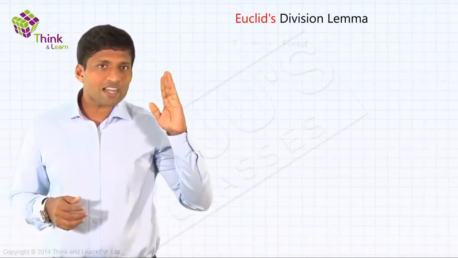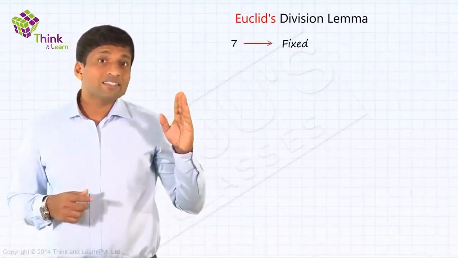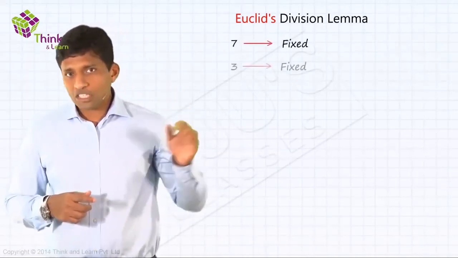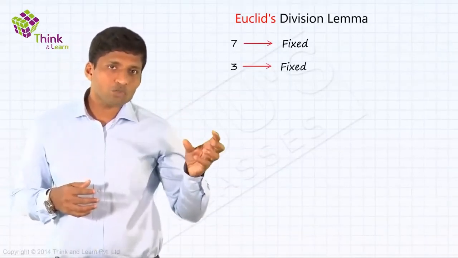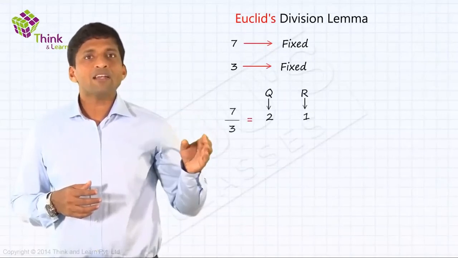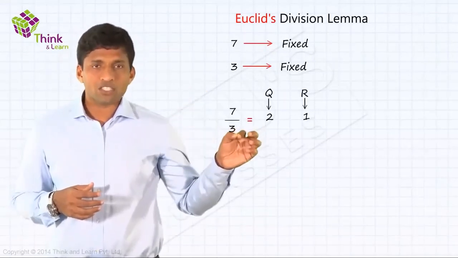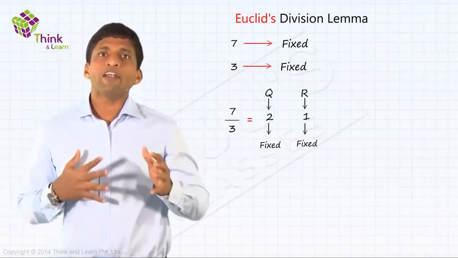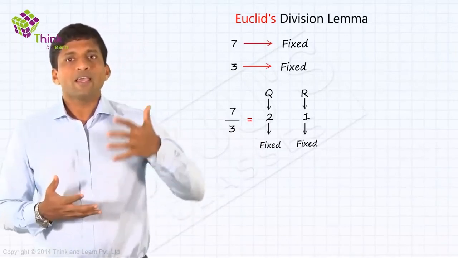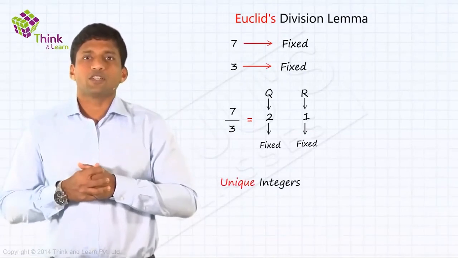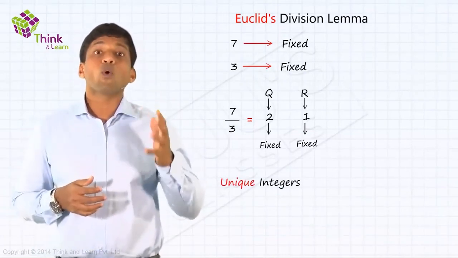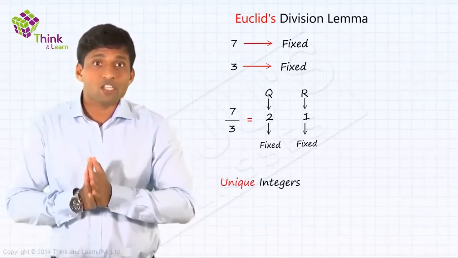Once you fix that number 7 and 3 chocolates per box, it is obvious that the number of boxes and the left out chocolates also get fixed by default. That is why the word unique integers is used, because there will be only one set of solutions.